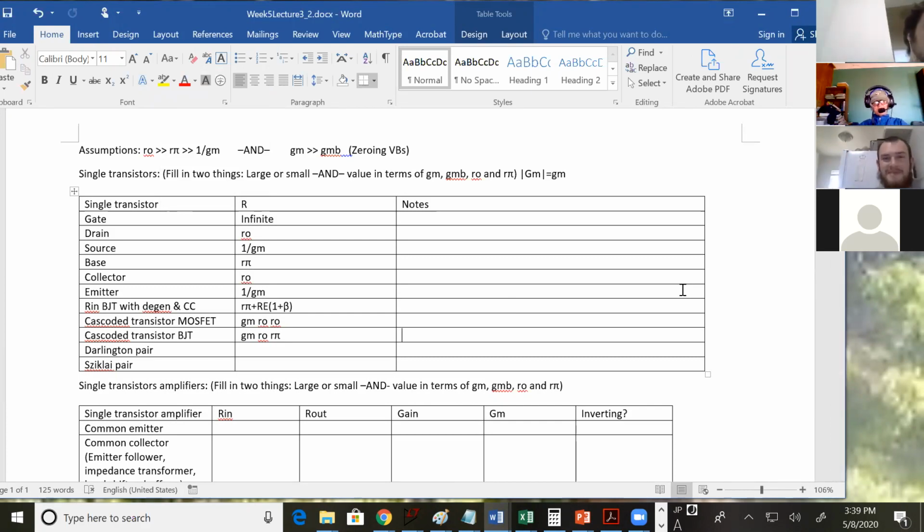Okay. It's one thing I forgot to talk about, but we'll move that to the end. So let's see how we use this. And again, our whole goal is to use this quick method, which means you don't have to do small signal analysis. You can just look at a circuit and say, ah, I know what that Rn is. Oh, I know what that gain is. Okay.